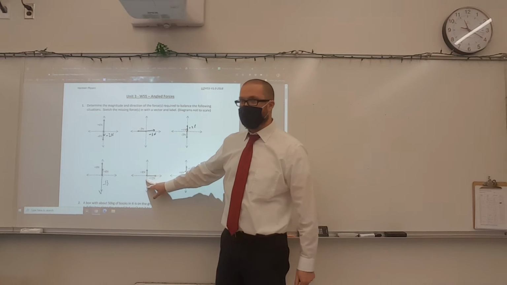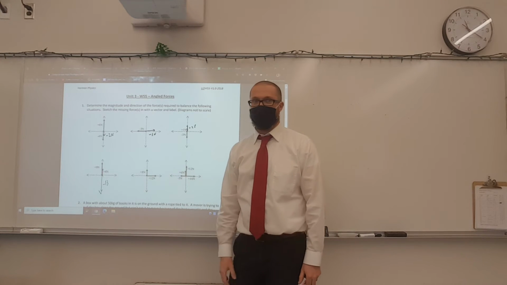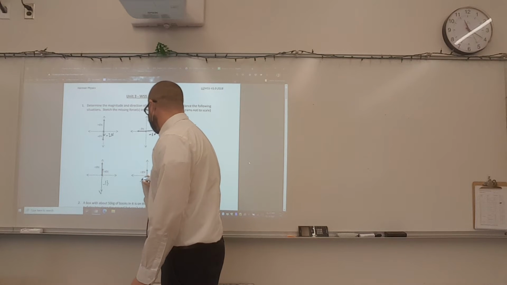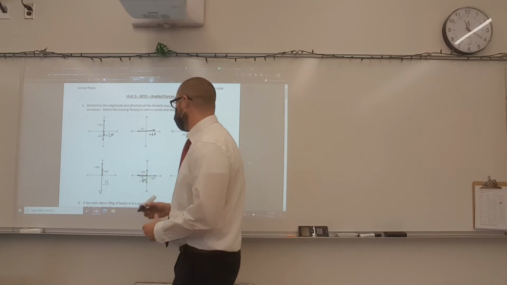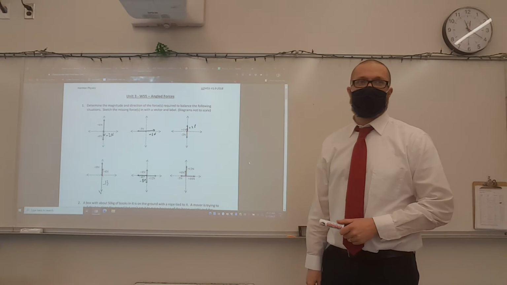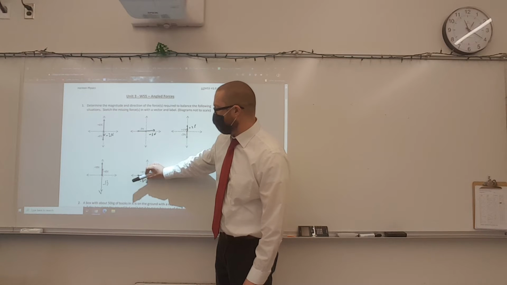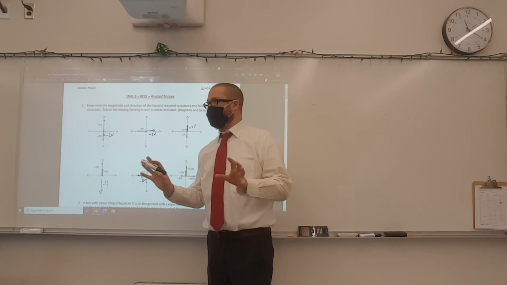This one's a little different. We have 2 axes going on here. You must have a negative 8 newtons going down, and you must have a negative 12 newton force going to the left. It could be one rope going this way, one force going that way, but we're not there yet.